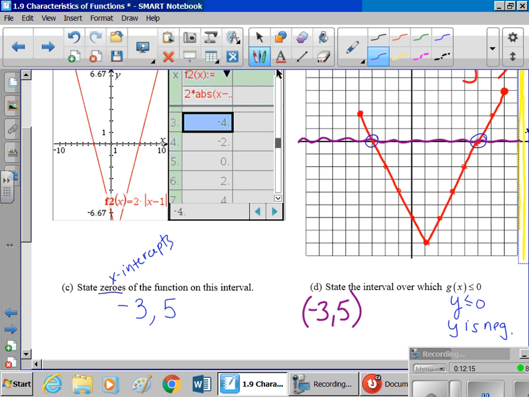It looks like a point, but we have to remember that what it means is that -3 is less than x, which is less than 5. Again, the interval means x values.